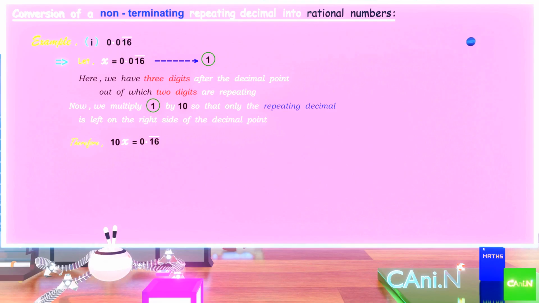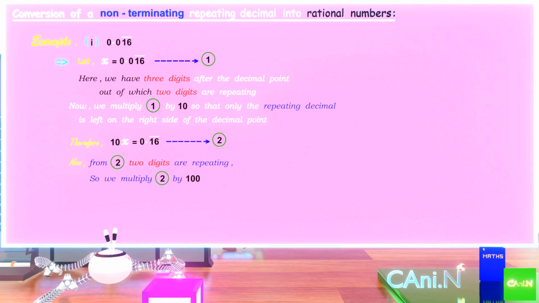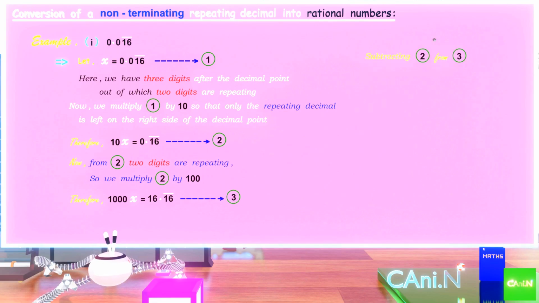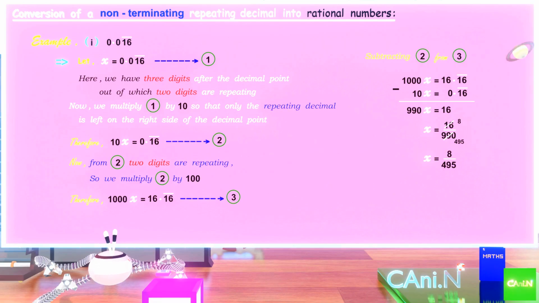Therefore, 10x equals 0.16 bar, call this equation 2. Now, from equation 2, 2 digits are repeating. So we multiply equation 2 by 100. Therefore, 1000x equals 16.16 bar, call this equation 3. Subtracting equation 2 from 3, we get x equals 8 by 495.